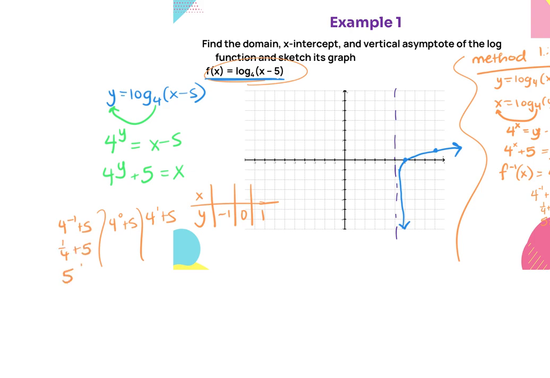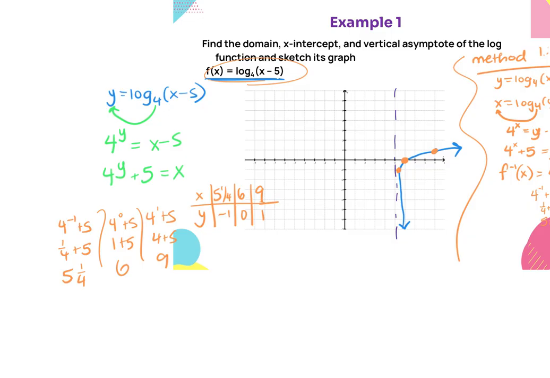And I get the same 3 coordinate points. So then this time I don't have to swap them back. These are the points I plot: 5 and 1/4, negative 1; 6, 0; and 9, 1.